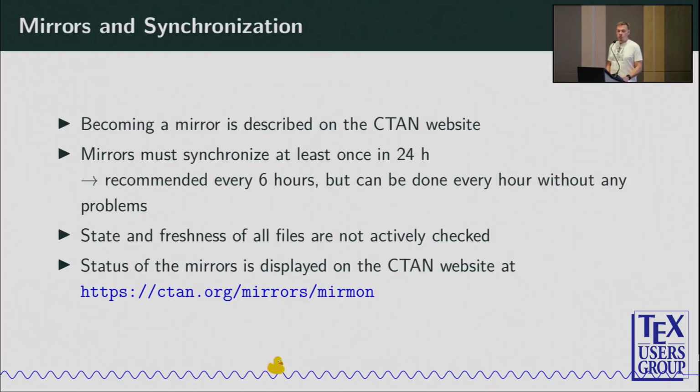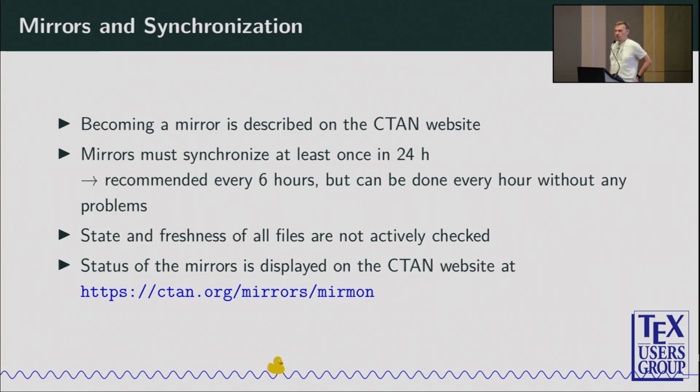How you become a mirror is described on the CTAN website. Basically, you need a permanent internet connection, and a fast network interface would be good. And you need a piece of software which synchronizes the data from the main server.